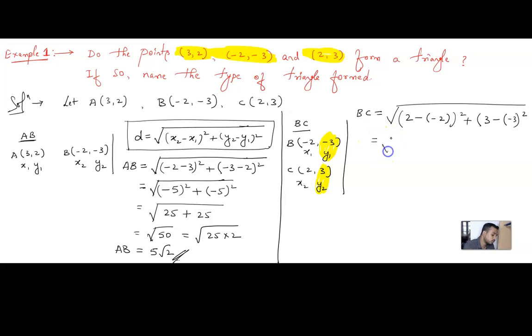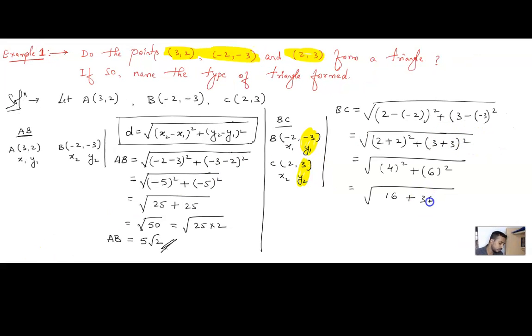That is equal to root of 2 minus into minus plus 2 whole square plus 3 minus into minus plus 3 whole square. 36. So root of 36 plus 16. 36 plus 16. 6 plus 6 is 12, 5 2. That's nothing but 52. Children, can we reduce 52 into its simplest form? Let me check.